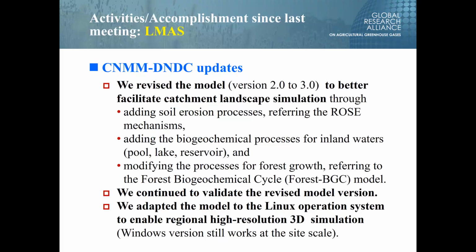Since the last meeting, we have made some progress in model development.